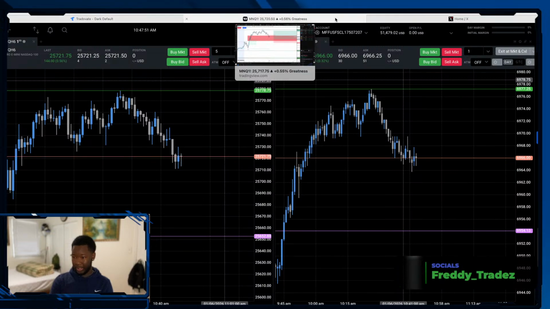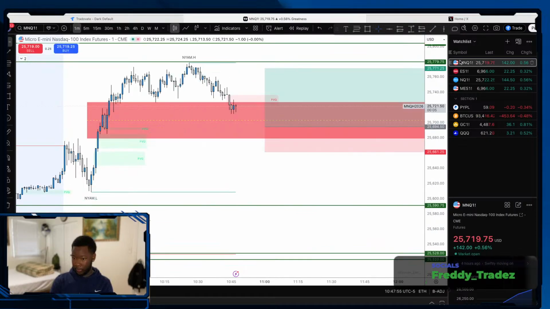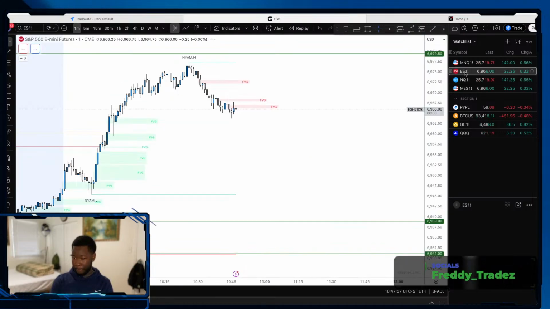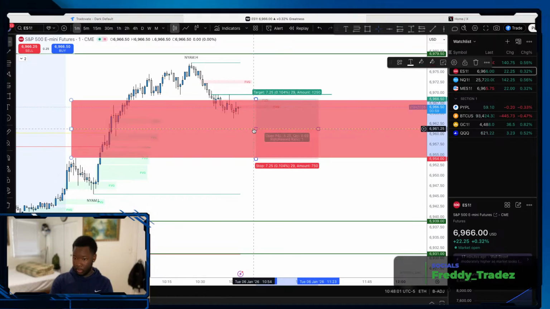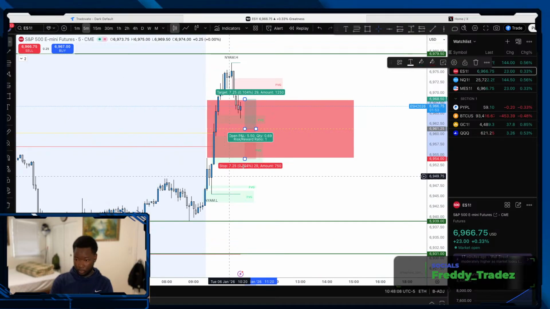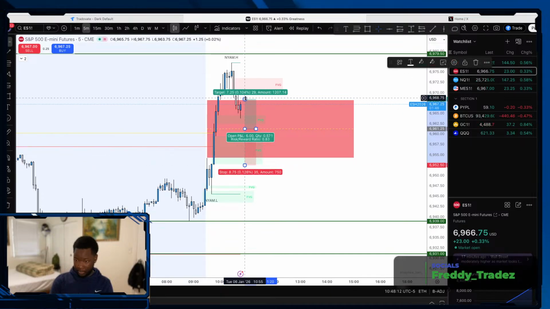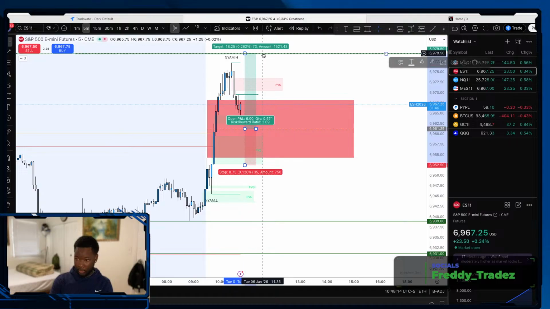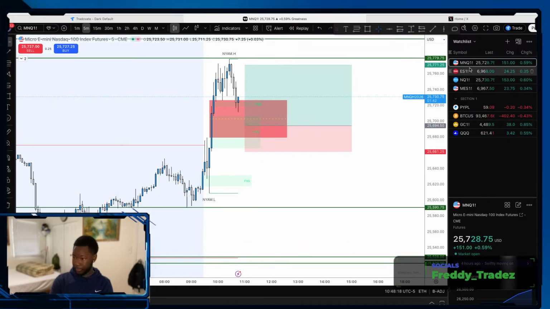Yeah, I think I'm going to take this on ES if I get it. So yeah, something like this on ES. If I take it on ES, something like this. On NQ, like that.